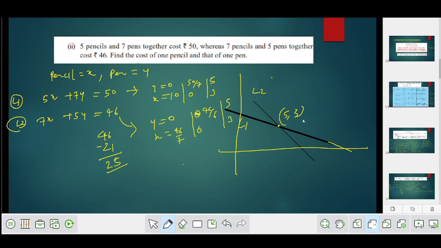Okay, we can get these points. Here, first 10, 0 and 46 by 7, 0. Clear?